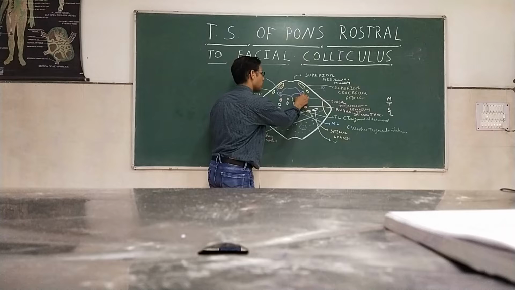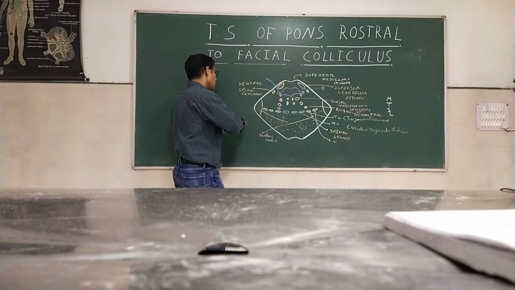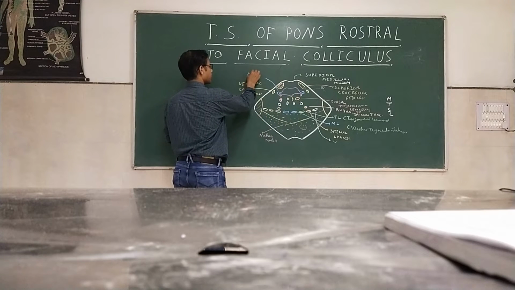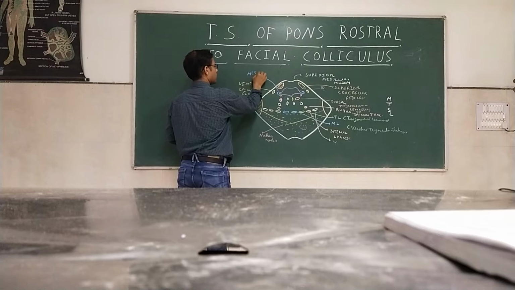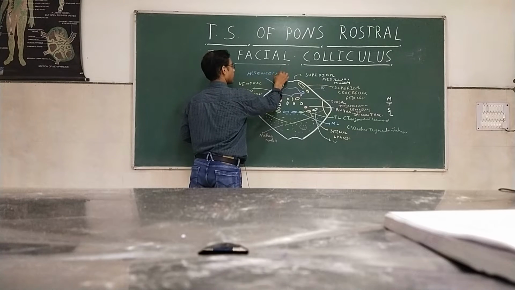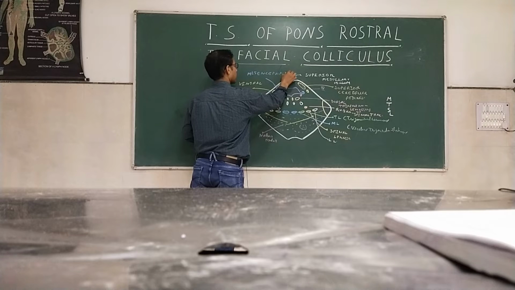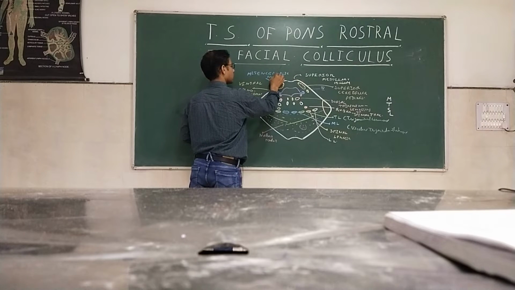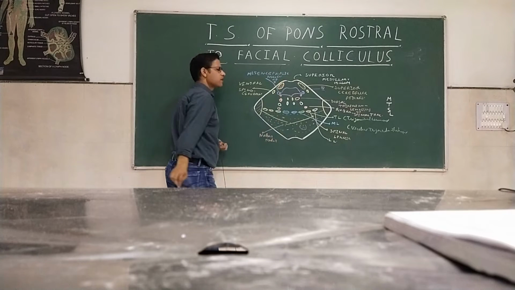I am not talking much about the locus coeruleus, but this is the mesencephalic nucleus of the fifth nerve, the trigeminal nerve.